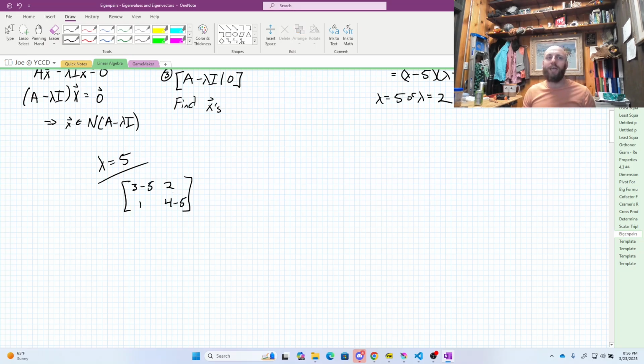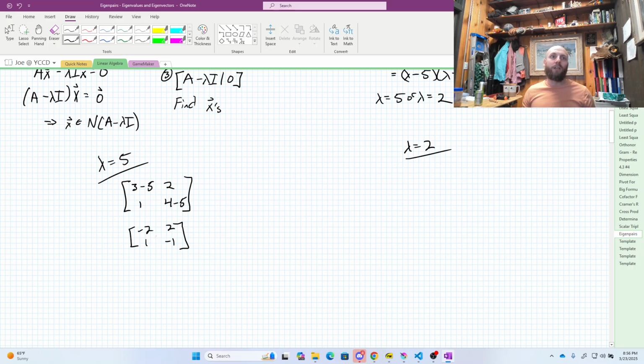So I'm subtracting this lambda of 5 from both bits. It's going to be the same lambda throughout the matrix. Don't use them both at the same time. We're going to do lambda equals 2 over here in a second. So this is going to give me a matrix that looks like [negative 2, 2; 1, negative 1]. This matrix had better be singular. If this matrix isn't singular, you probably accidentally factored wrong or solved wrong or something. So someplace along the line we lost a lambda if this isn't singular. Luckily this one's singular.